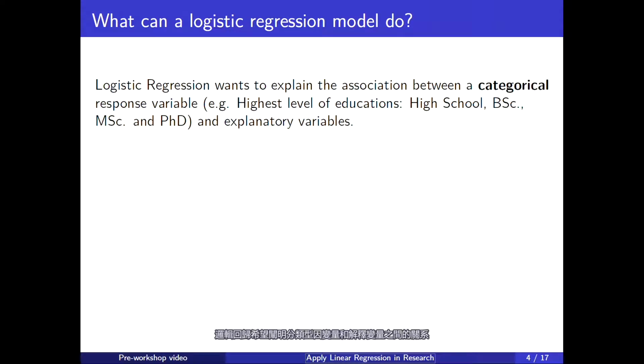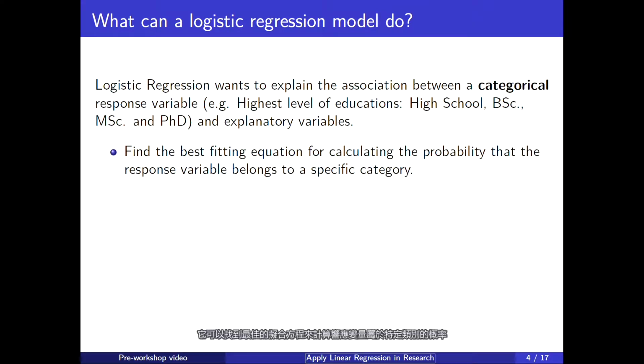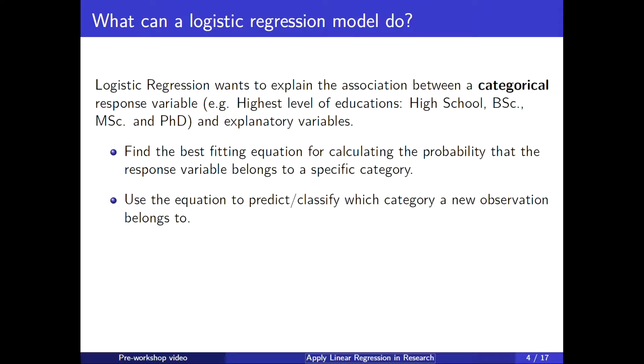Logistic regression wants to explain the association between a categorical response variable and explanatory variables. It finds the best fitting equation for calculating the probability that the response variable belongs to a specific category. Then, use the equation to predict which category a new observation belongs to.